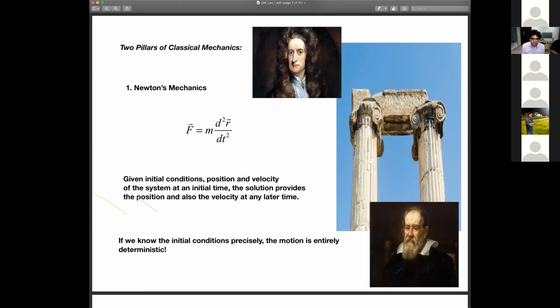And Newton formulated a law of mechanics, Newton's second law, that told you that whenever there is an external force on an object, the object accelerates. The force and acceleration are directly proportional to each other, and the proportionality constant is called the mass of the object.